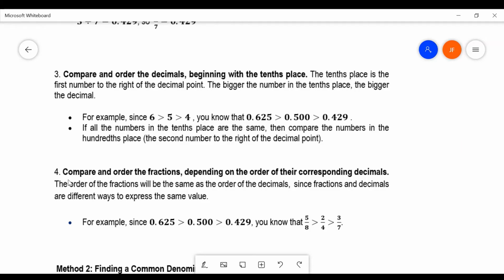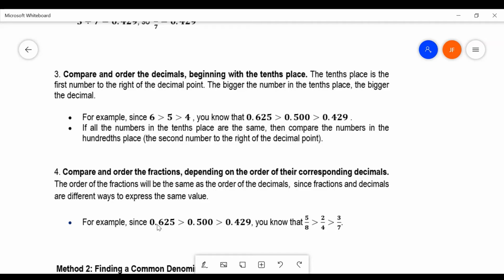Now for step number 4, compare and order the fractions depending on the order of their corresponding decimals. The order of the fractions will be the same as the order of the decimals, since fractions and decimals are different ways to express the same value.